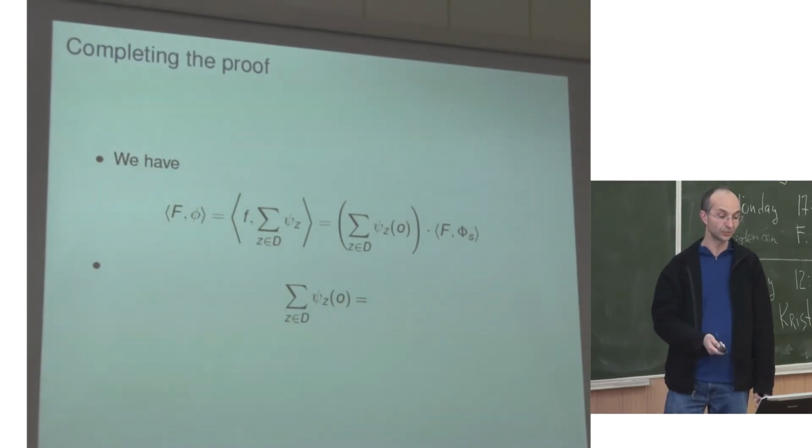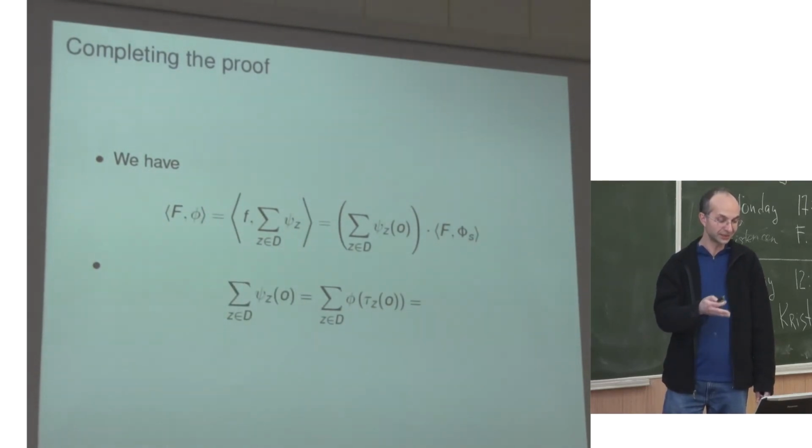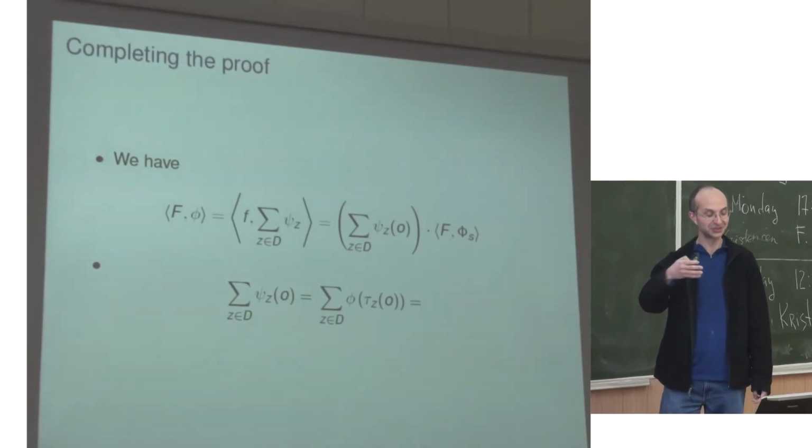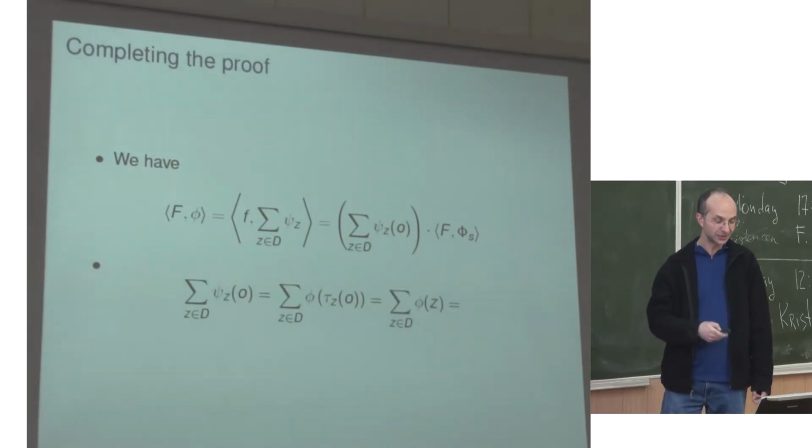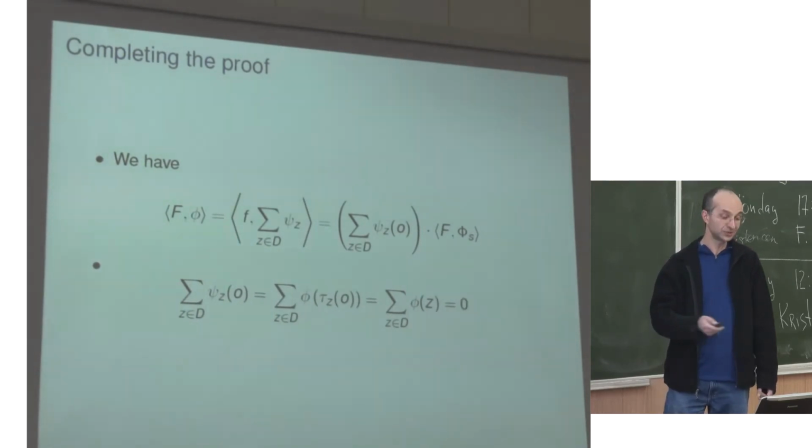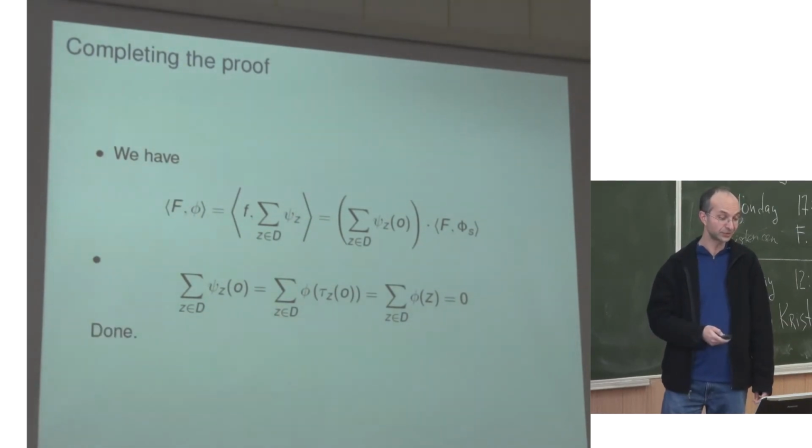So they don't move O. Therefore, it's exactly the sum of values of phi at a point which is this isometry tau_z applied to O, which is exactly the sum of the values of phi over the points of the design, which is 0, right? And we are done. So this inner product is 0, and this finishes the proof, right?